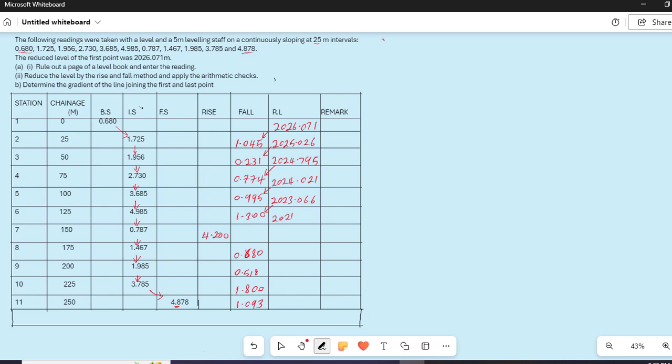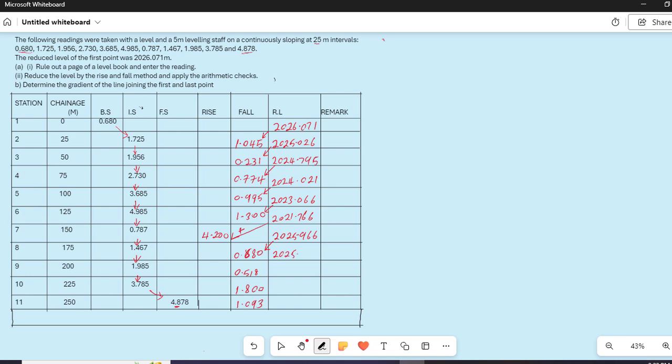Now I'll add 4.2 because this is a rise, so 2021.766 plus 4.2 gives you 2025.966. Then I subtract 0.680, you get 2025.286.